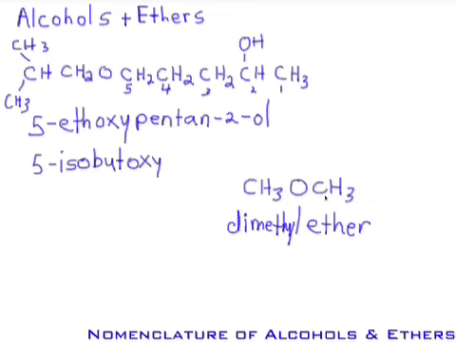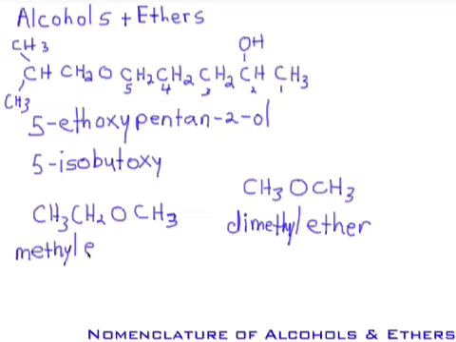If you have different alkyl groups, and I have an oxygen and say a methyl here, you typically pick the smallest substituent first, and you'd name this as methyl ethyl, and there's a space between each word, ether.